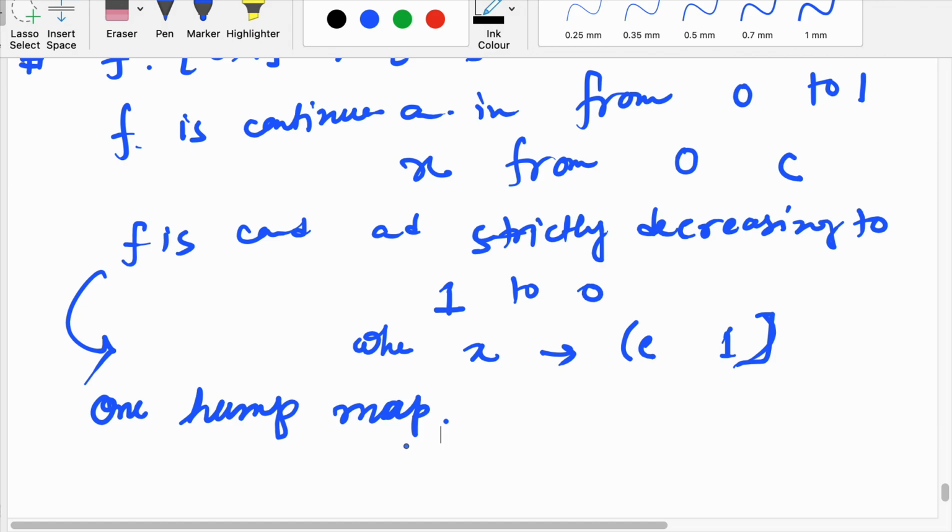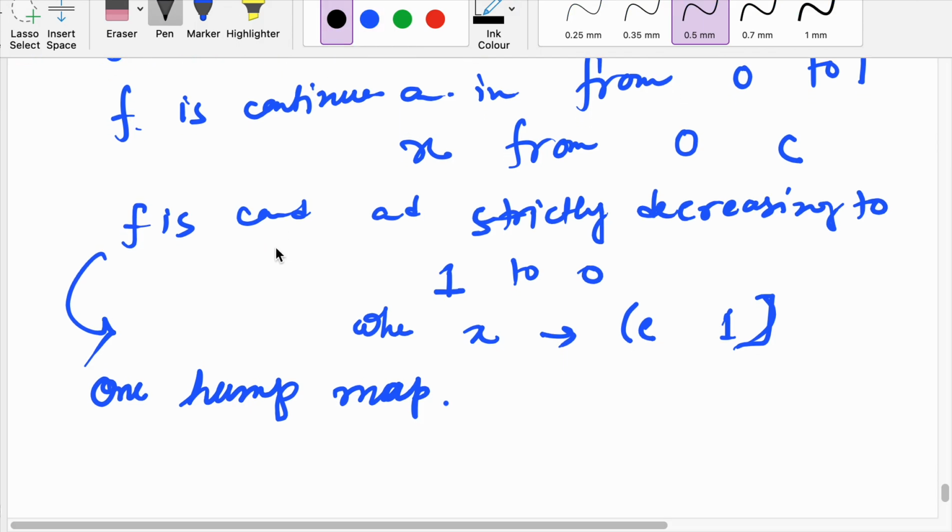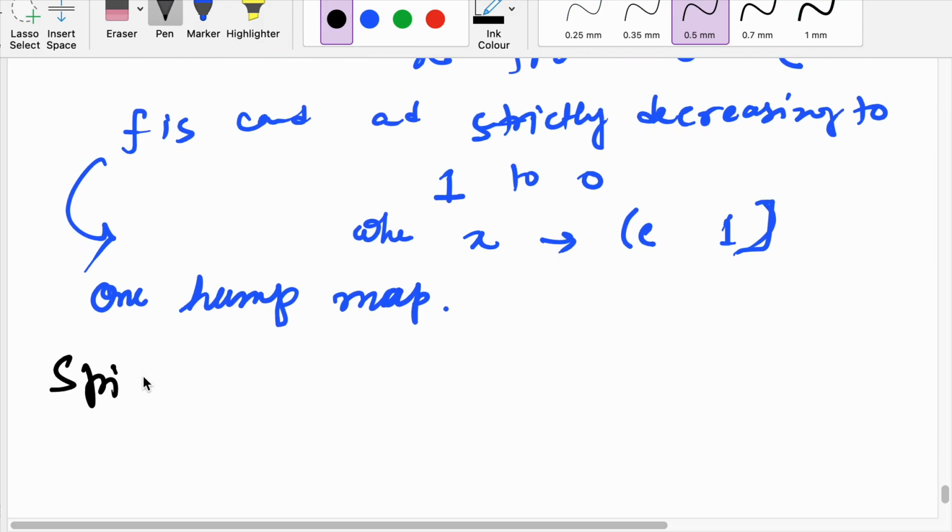From that, what we saw in the previous class, and I also mentioned that lemma is very important, is called the spike lemma. From the spike lemma we know that for a one hump map we can get steepness as much as we please around any point of the domain. One example of a one hump map is the logistic map.